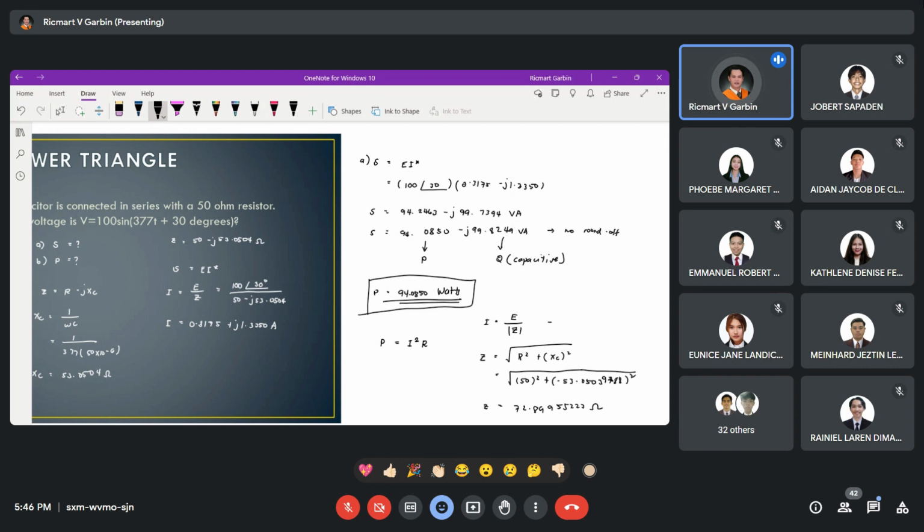So, kung isa-substitute natin siya dito, ito ay 100 na lang kasi yan yung magnitude, divided by 72.89955223.